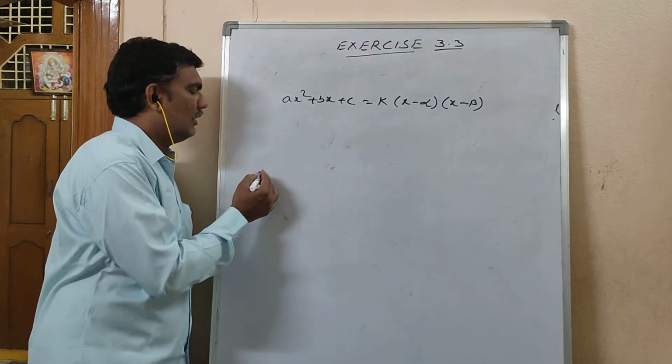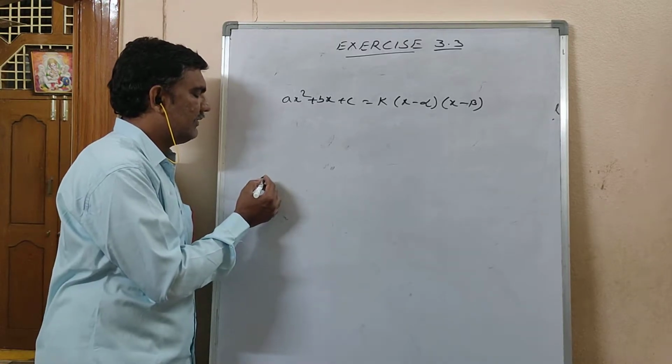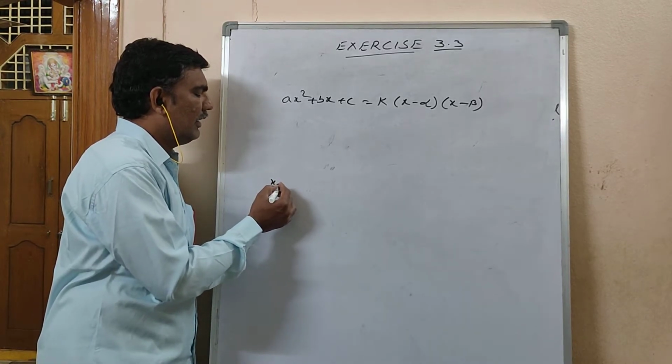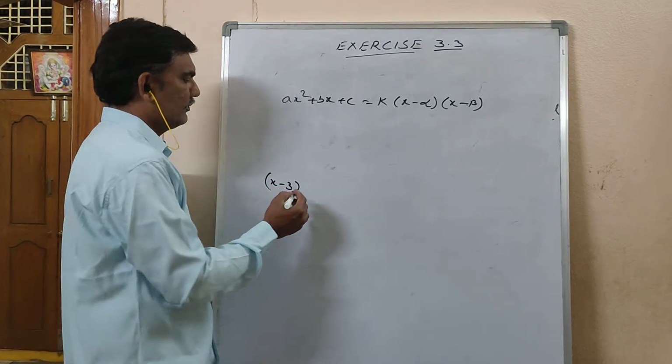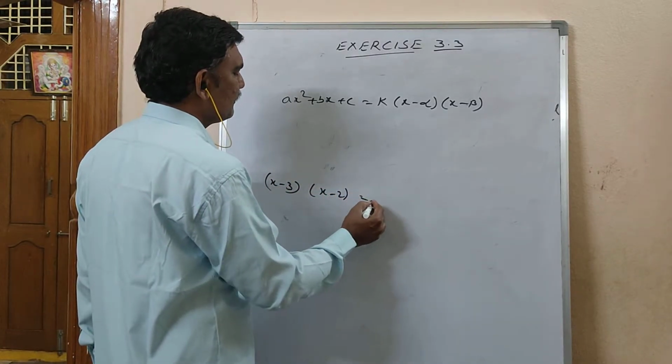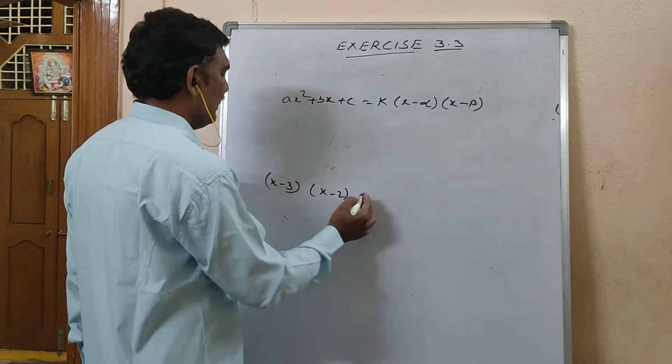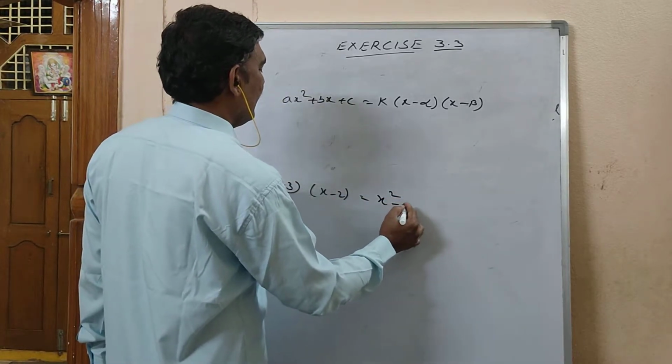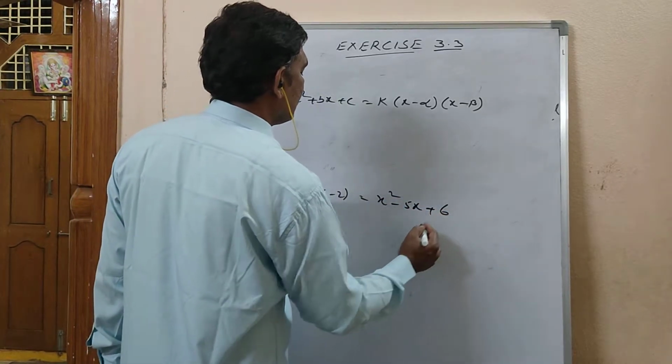So, I will say x minus 3 into x minus 2. These two if you multiply, x square minus 5x plus 6 will be there.